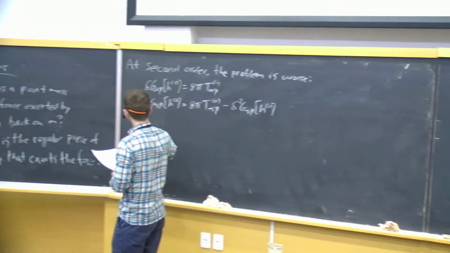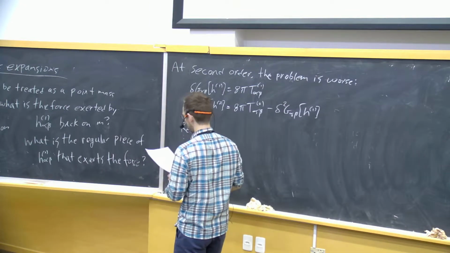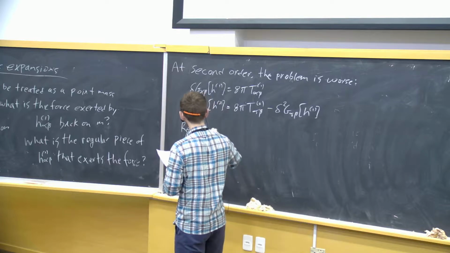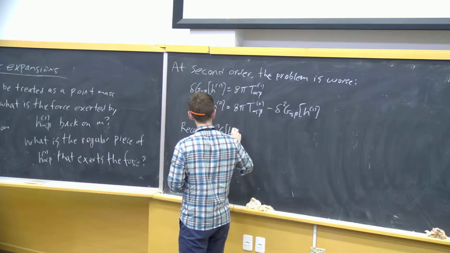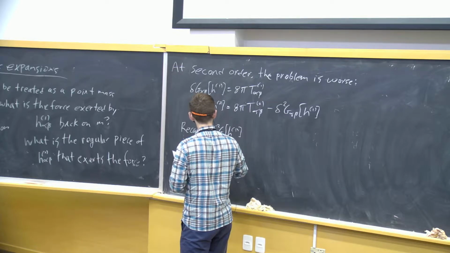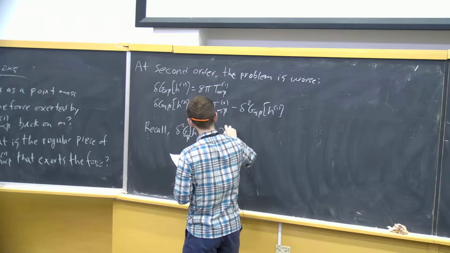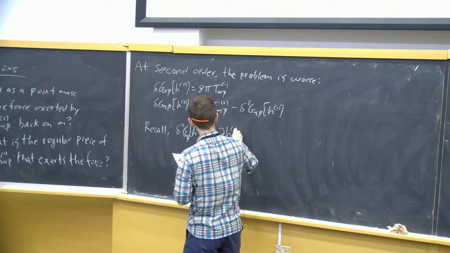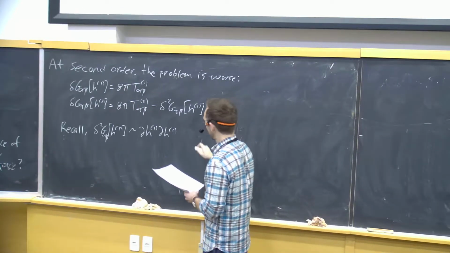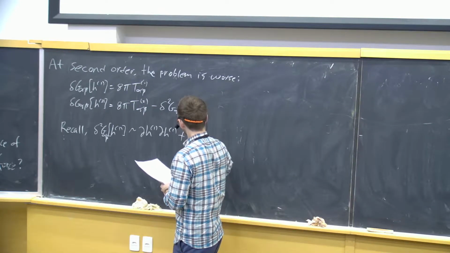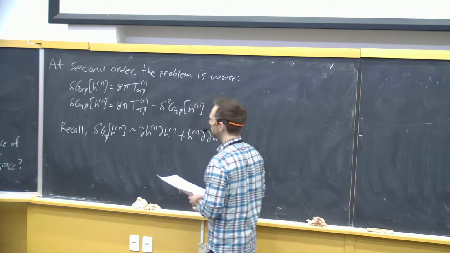And remember, the form of this second order source are things like the derivative of H1 squared plus H1 times second derivative of H1.